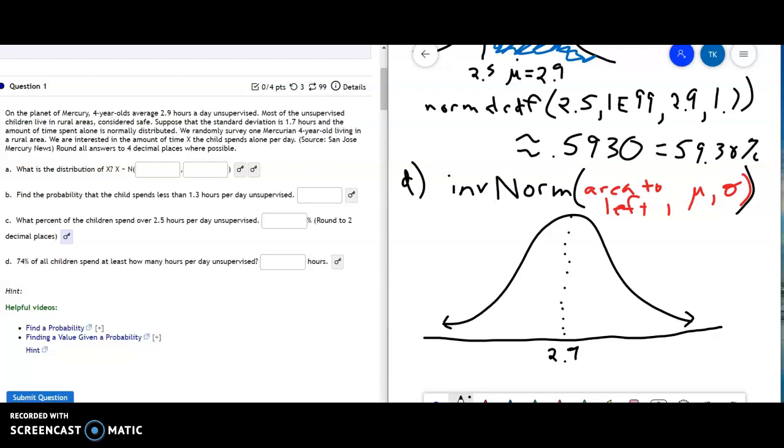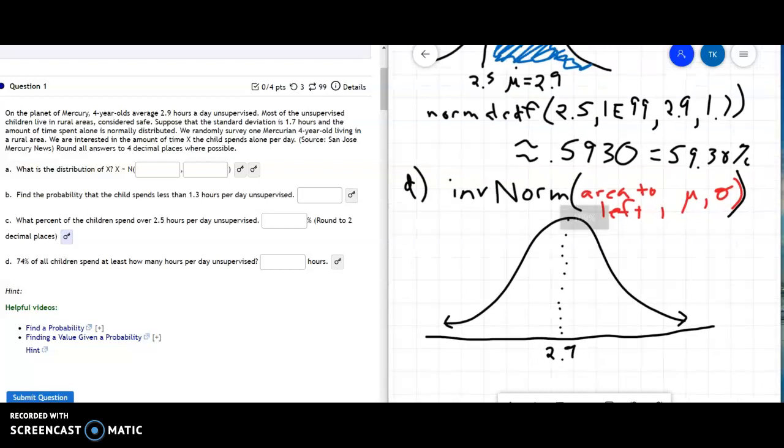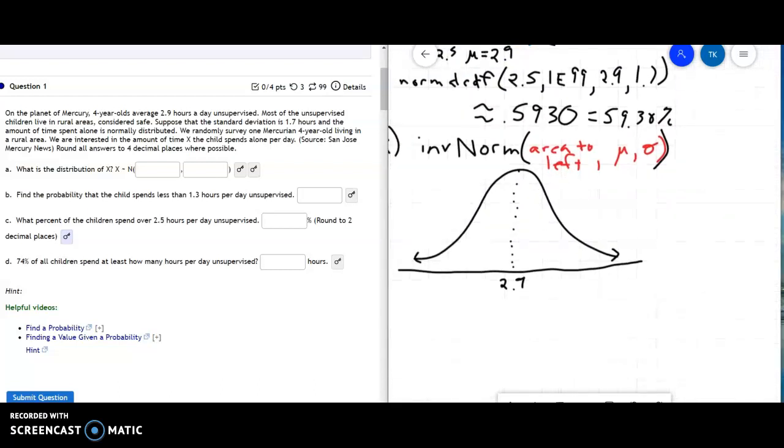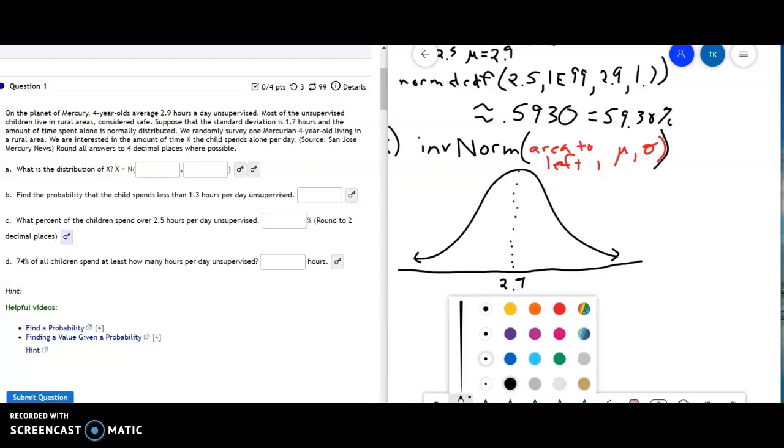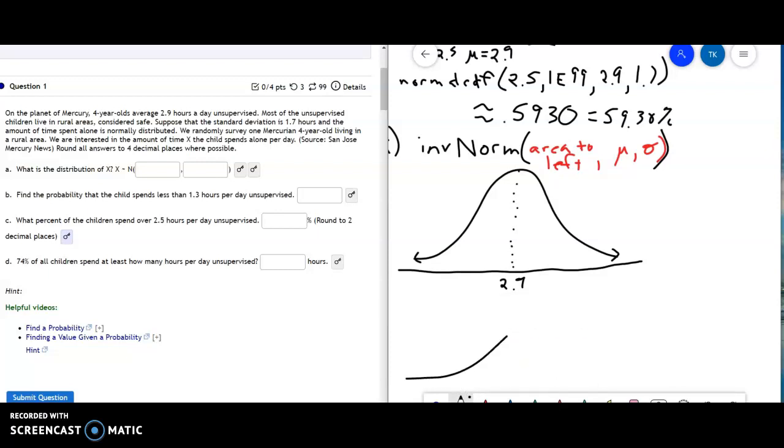So the question is, when we have that 74%, where is it in the picture? So let me zoom out for a second. I'm going to actually draw 2 pictures here because I want to have us decide which one makes more sense. So they're both bell curves, just a little sketch.